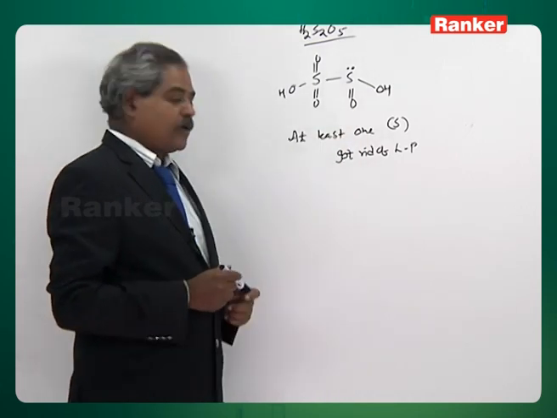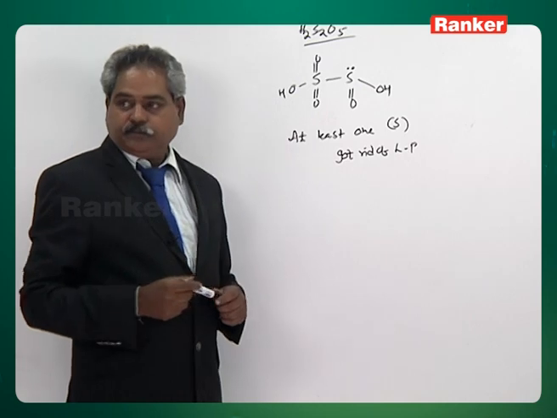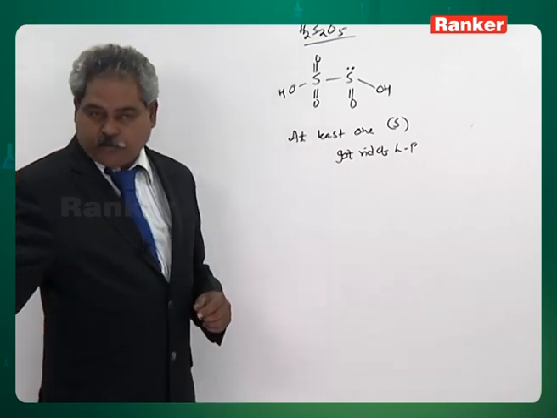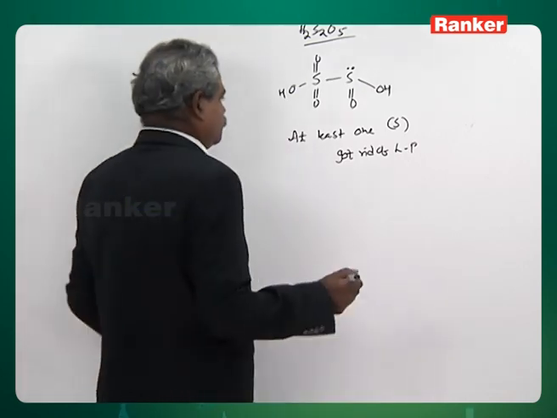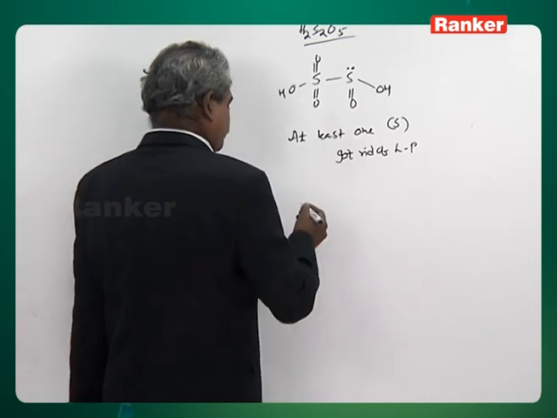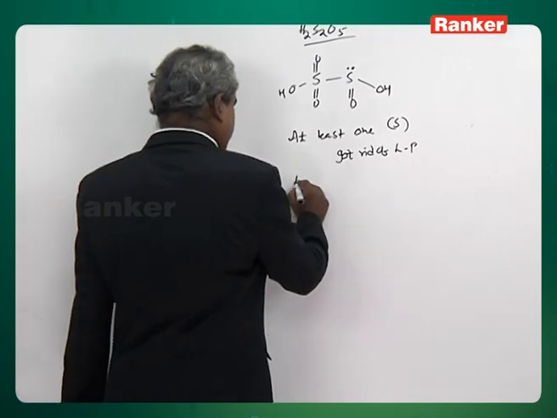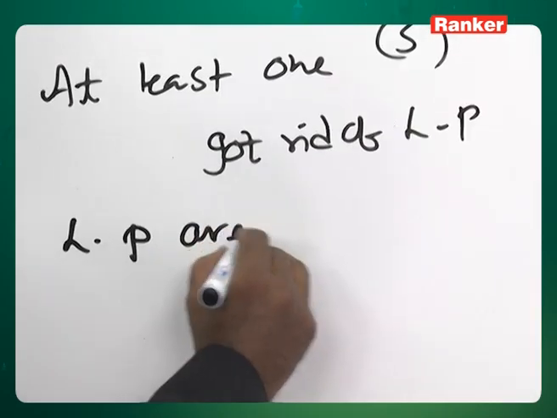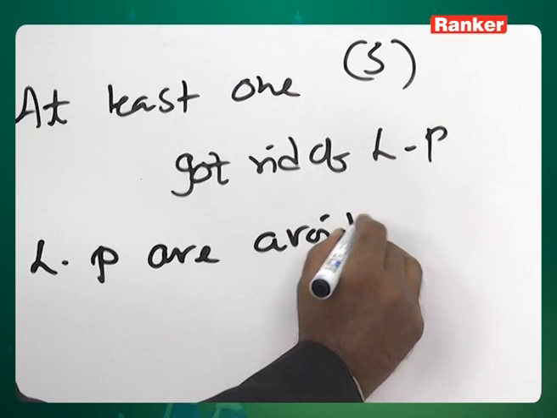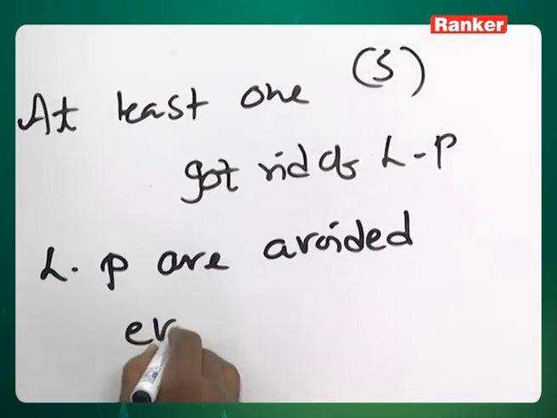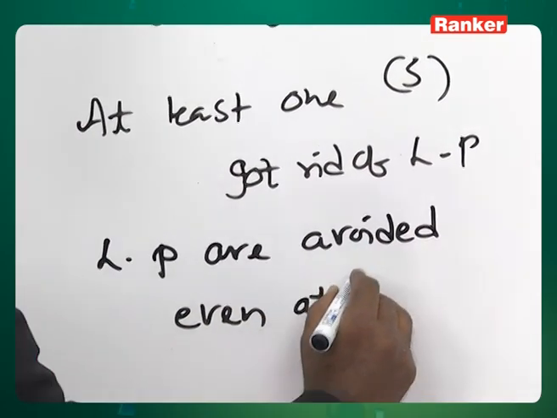At least one sulfur got rid of lone pair. Okay, that is the consolation. So, lone pairs are avoided even at the cost of symmetry.